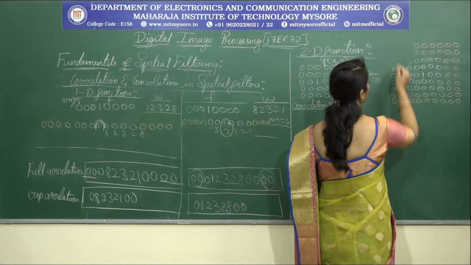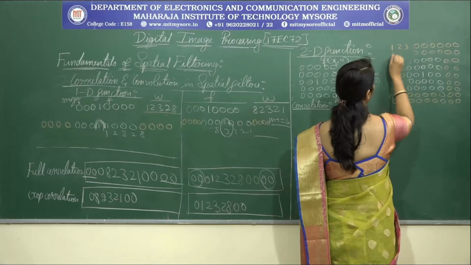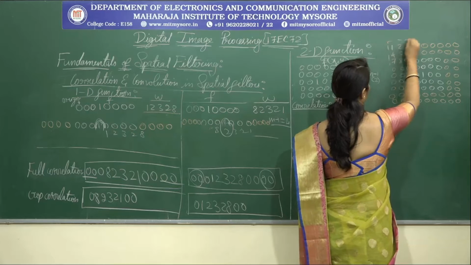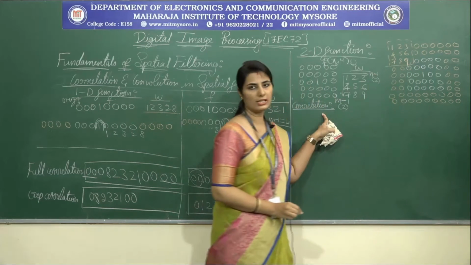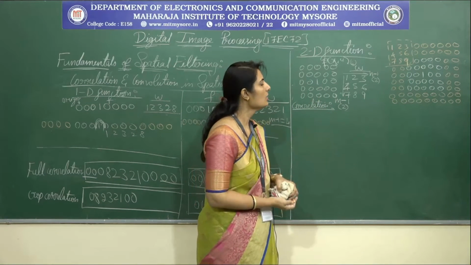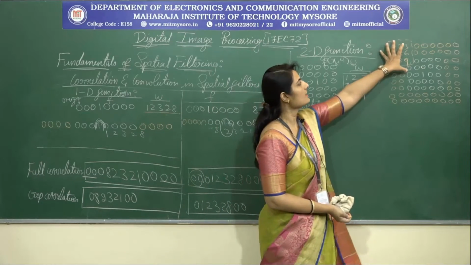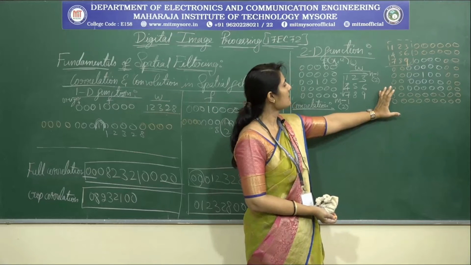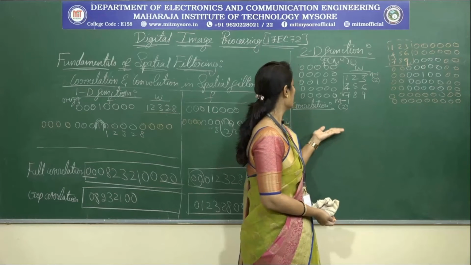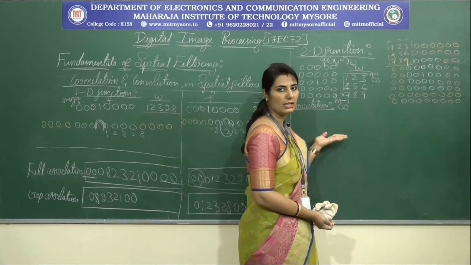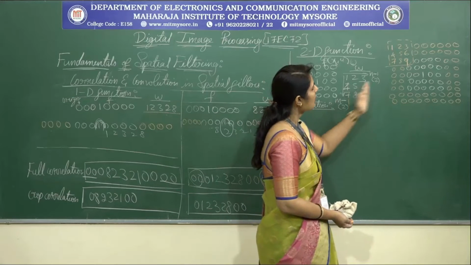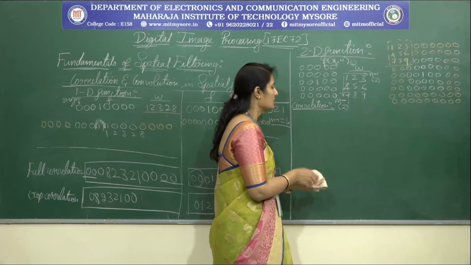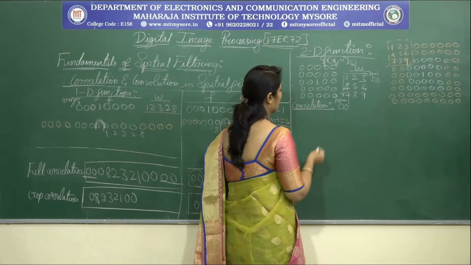So here the mask is 1, 2, 3, 4, 5, 6, 7, 8, 9. So this is the correlation operation what I am explaining now. So this mask is moved on this entire image and the resultant intensity value is obtained as correlation result. Okay. So now here in this case, after correlation, the result what we obtain is like this.